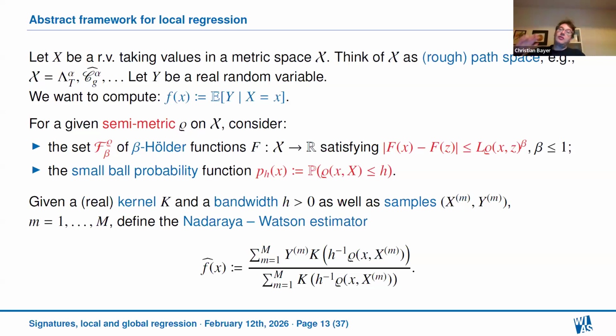So we are going to base all of this on samples, and in a way, we need to understand how far away these samples are from each other. And this is encoded by small ball probabilities. So nothing but the probability of a ball of radius h in this metric space.